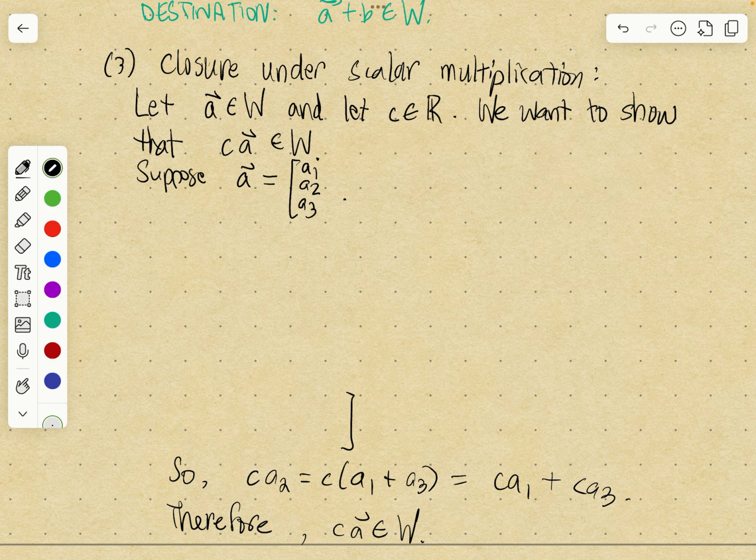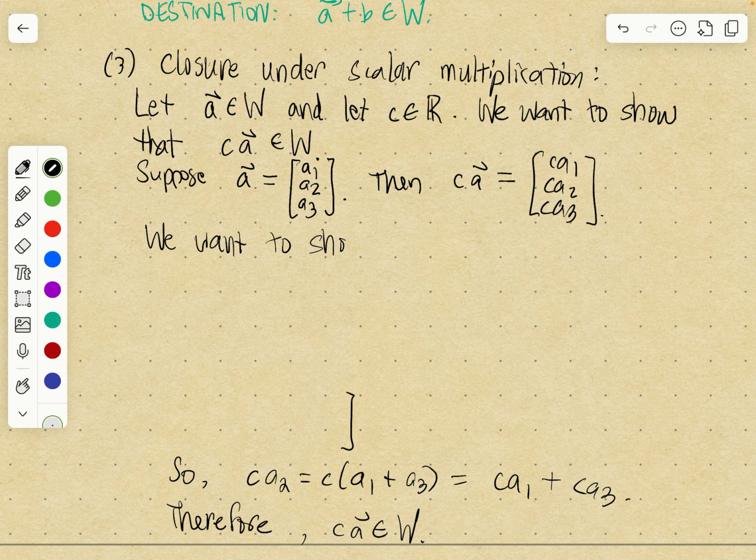So to write out all the details, we would suppose that A is A1, A2, A3, then CA is CA1, CA2, CA3. We want to show that CA2 is CA1 plus CA3.